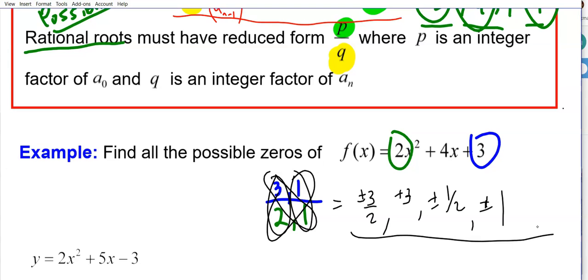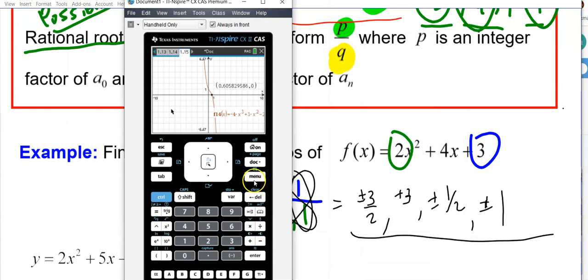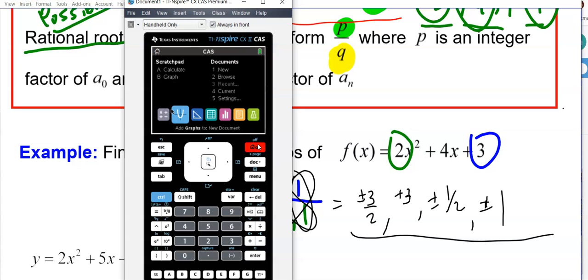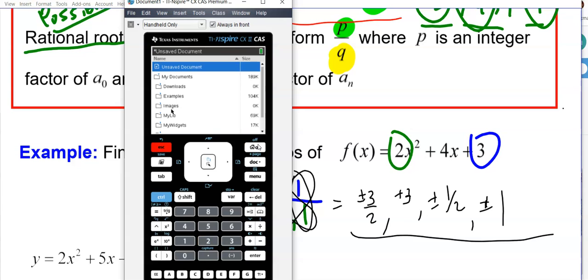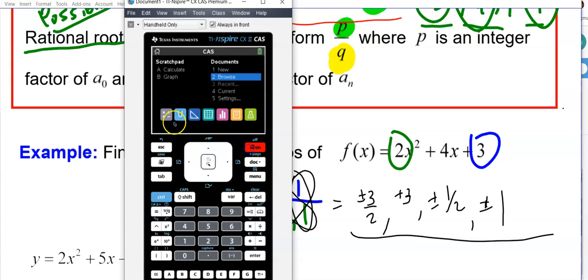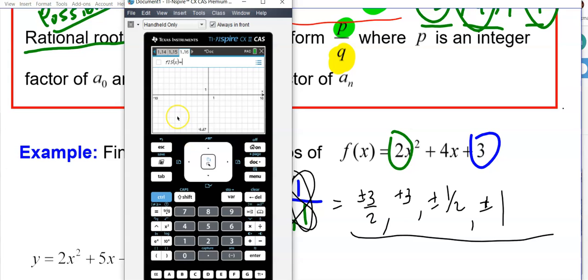It doesn't mean any of them are. Let's graph it and see. So I don't know if any of those are. Let's see. So 2x squared plus 4x plus 3.